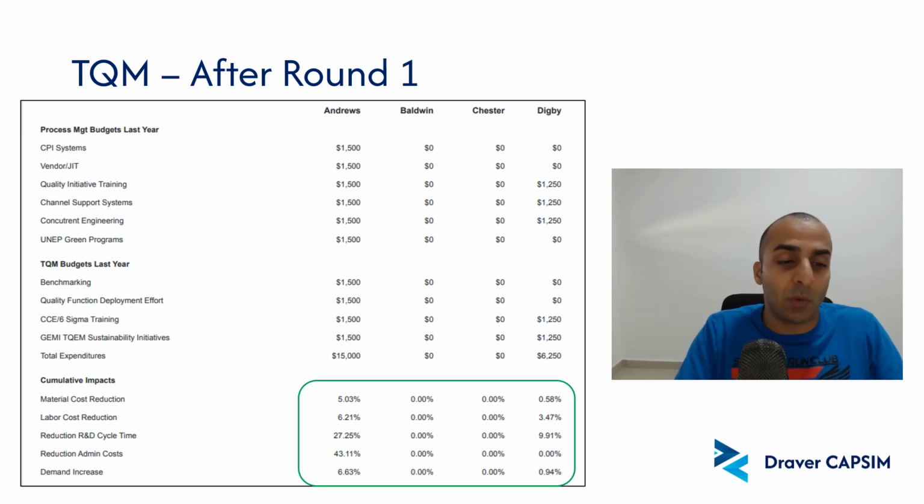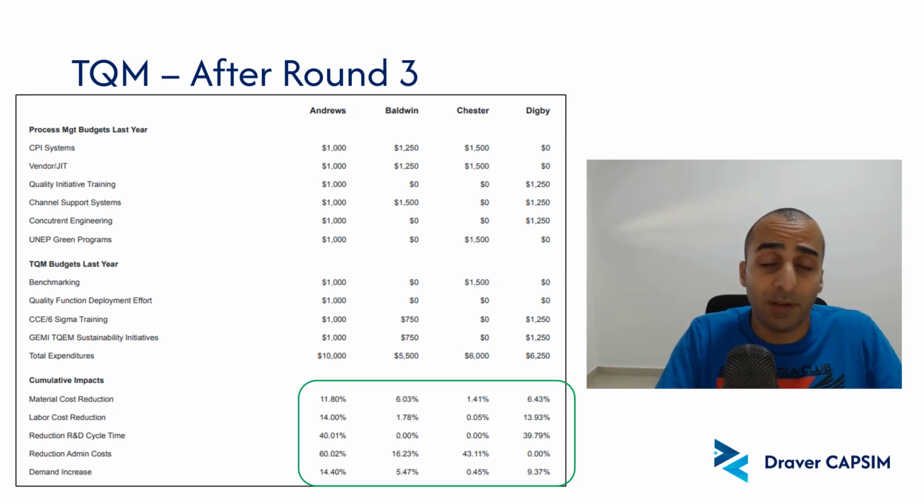You can see that we get a material cost reduction of 5%, labor cost reduction of 6%, R&D time is going to be faster by 27%, which is really a lot. Administrative cost is also nice, 33% reduction, and demand increase is 6.6%, which is really a huge number.